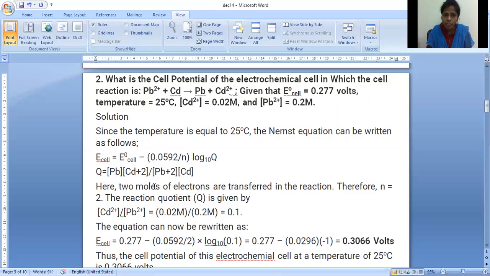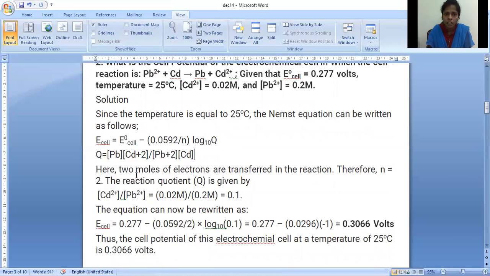Cd plus 2 and Pb plus 2 have charges, so that is the electrolyte, and the electrolyte concentrations are given in the numerical. Cd plus 2 concentration is 0.02 M and Pb plus 2 concentration is 0.2 M. By substituting these two values, we get Q equals 0.02 divided by 0.2.